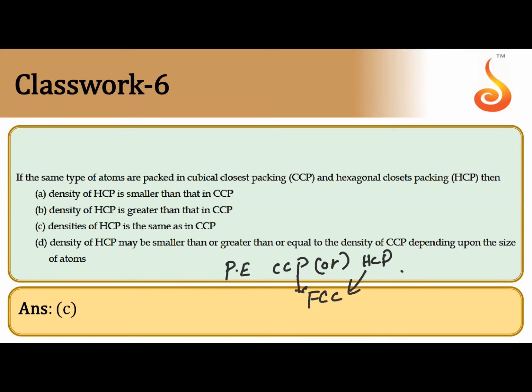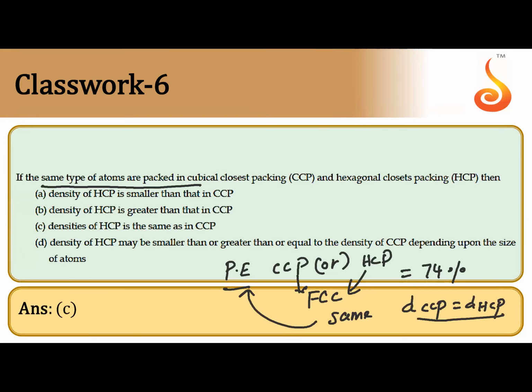Therefore, packing efficiency for both is 74%. Since the packing efficiency is the same for both, and the same type of atoms are packed, the density of CCP will be exactly equal to the density of HCP. That means option C is correct.